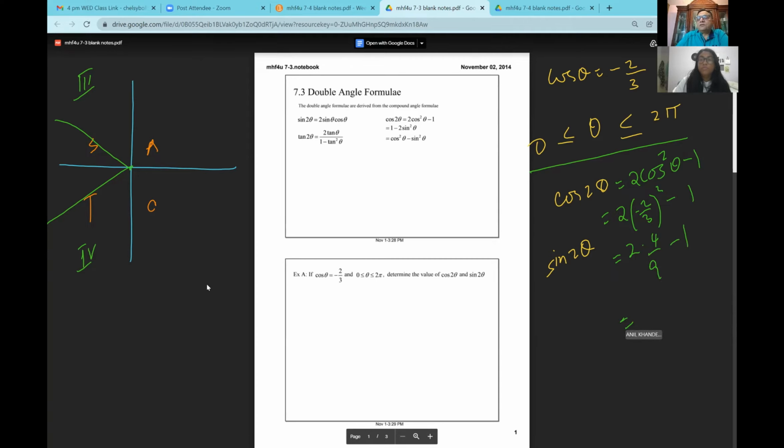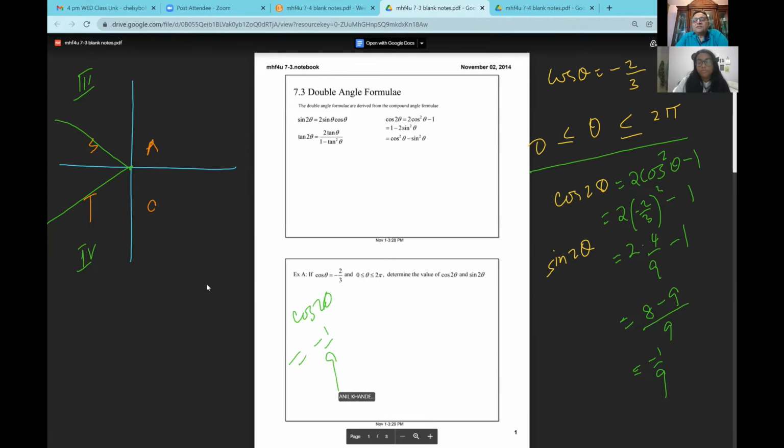Which is 8/9 minus 1, which we can write as (8 minus 9) over 9, which is -1/9, correct? Either value will give you the same answer, which is -1/9. Is that clear to you? So that becomes the answer for cos 2 theta. So we got cos 2 theta equals -1/9.